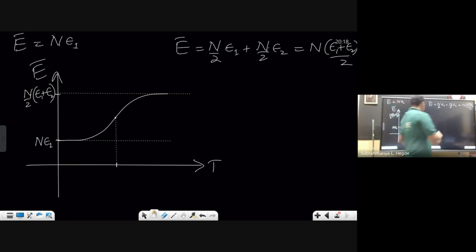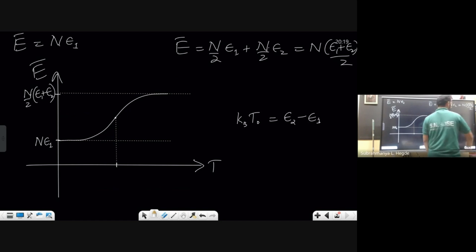That temperature is such that if you multiply Kb with the temperature, that will be E2 minus E1, the energy difference. When KBT is equal to the energy difference, this will appear. Later you take the second derivative equal to 0 and find that point, but not now.